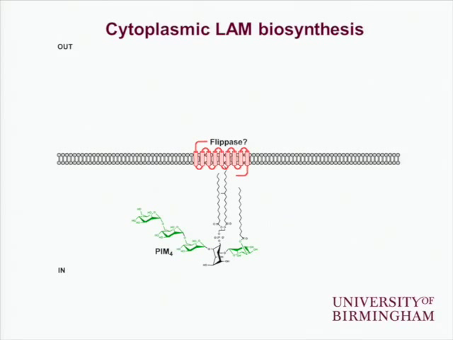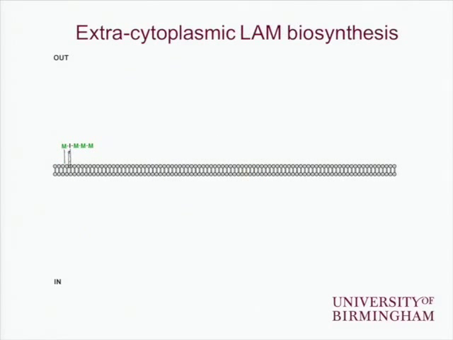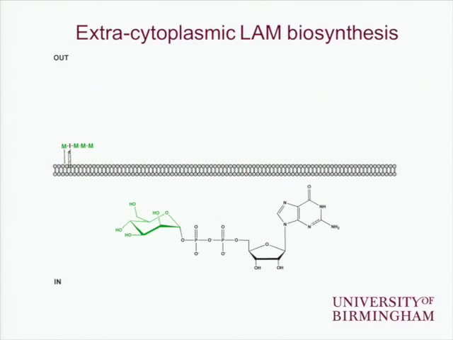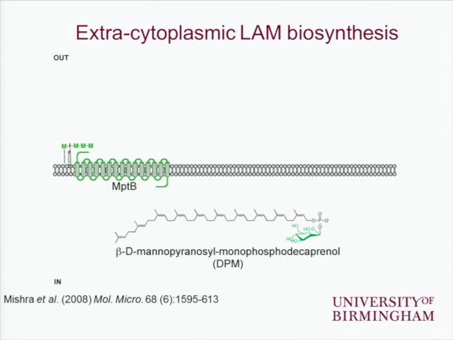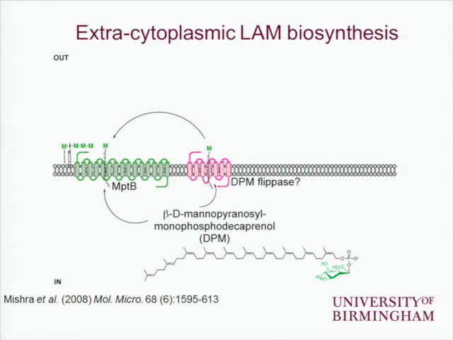We have flipping of the substrate, and then we have continuation in terms of synthesis of the mannan backbone through a series of enzymes, MptB, which again, a bit like the arabinose, but here we've got mannose linked to phosphate and decaprenol as our lipid linked donor, where we had the extension of the PIM4.